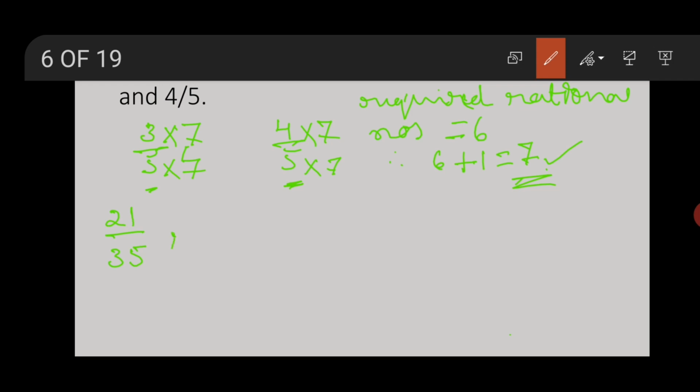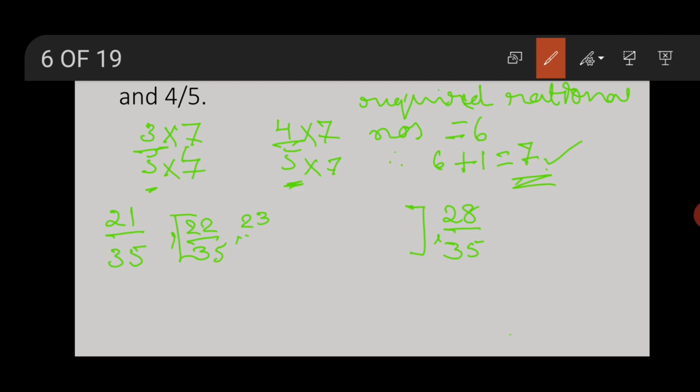Okay, next I will write the last number here. 4 sevens are 28 divided by 5 sevens are 35. Now the remaining numbers between these two numbers, what are those numbers?